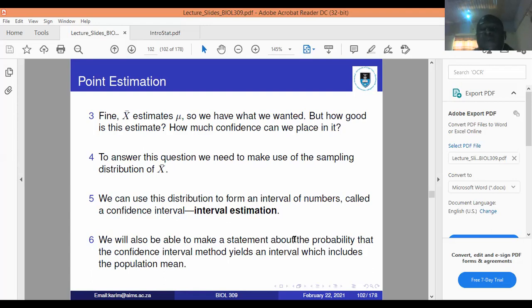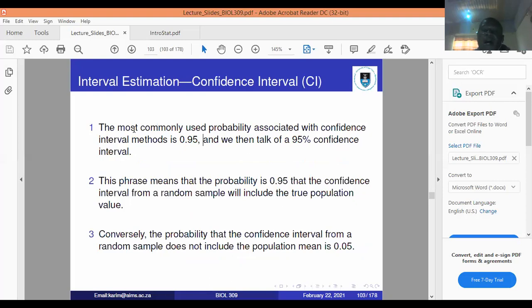If we are able to create the interval, then we will be able to say there is a certain probability that the mean is actually representing the population or not. And remember, I've mentioned several times that when you are conducting a study, you may want to say a confidence of 95%.